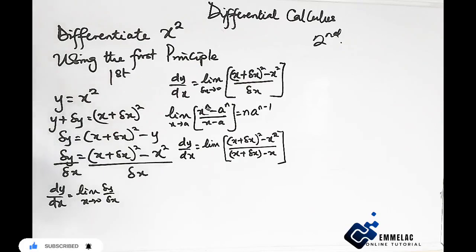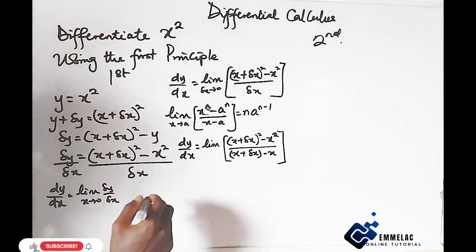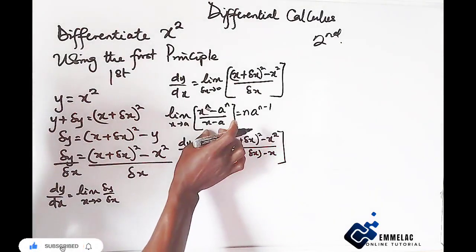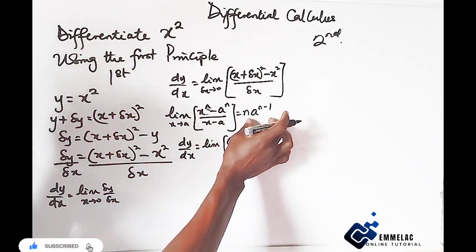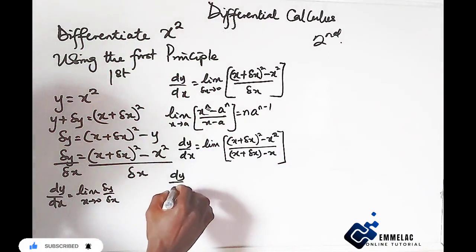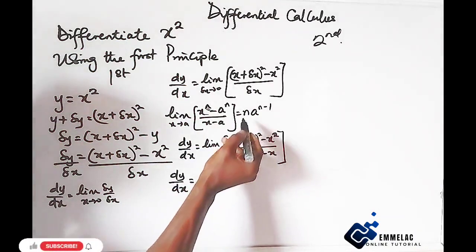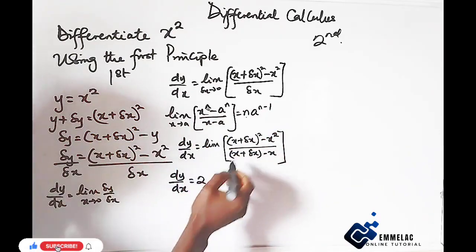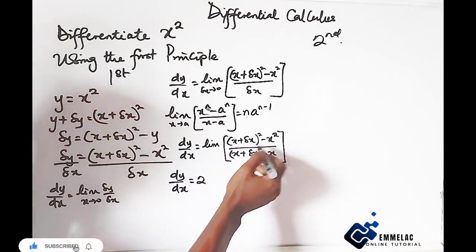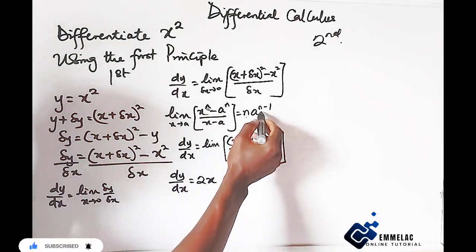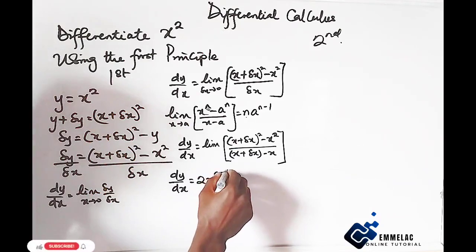So to that regard, we can see that if this rule equals this, then dy all over dx equals, now take note that our n corresponds to the power, which is 2, then our a here is our x, then our n minus 1, which is 2 minus 1.